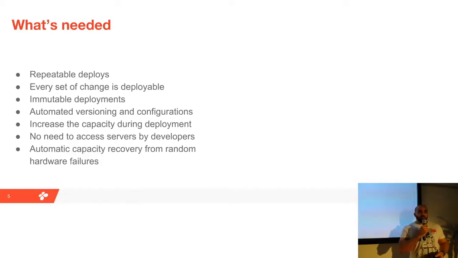Your changes should be really predictable, and you should predict what's going on, not just think, I will go and see what's going wrong because the machine is already there and I can access it.